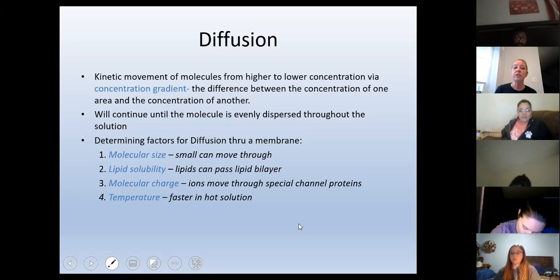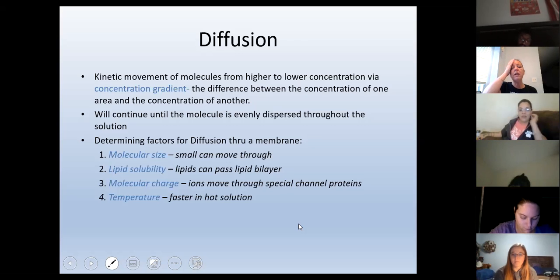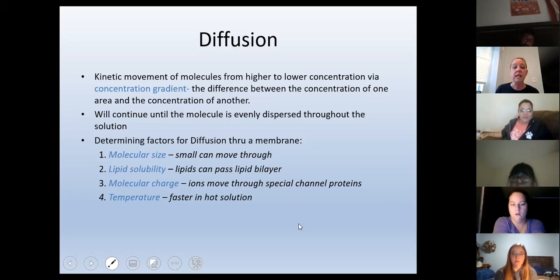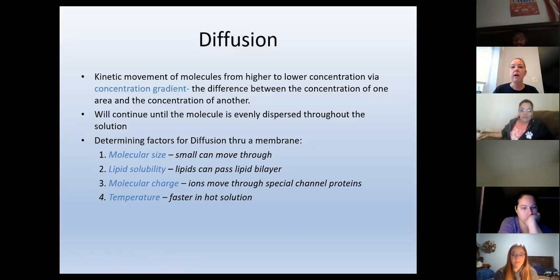Now, some of the factors that are going to influence the movement: obviously the molecular size, the size of the molecule that's trying to move. Smaller molecules move through easier. Fat solubility. Fats pass through fats, and we now know that our cell membrane is lipid. Molecular charge. Is it a cation? Is it an anion?